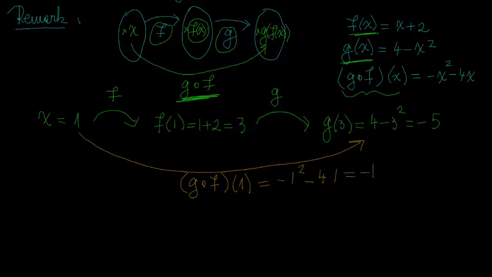So it's negative 1 minus 4, so we get the same negative 5. So we can think of composition of functions as a one-step process. We're getting one function that can go straight from x to g of f of x in one step, rather than having to go through this two-step process if we first apply f and then g.